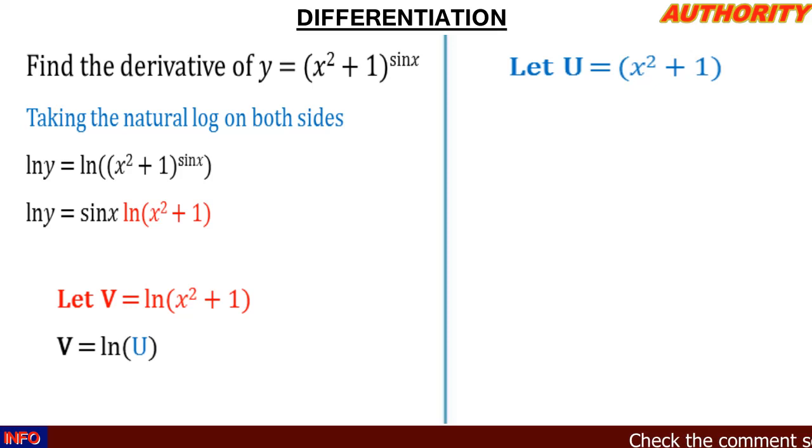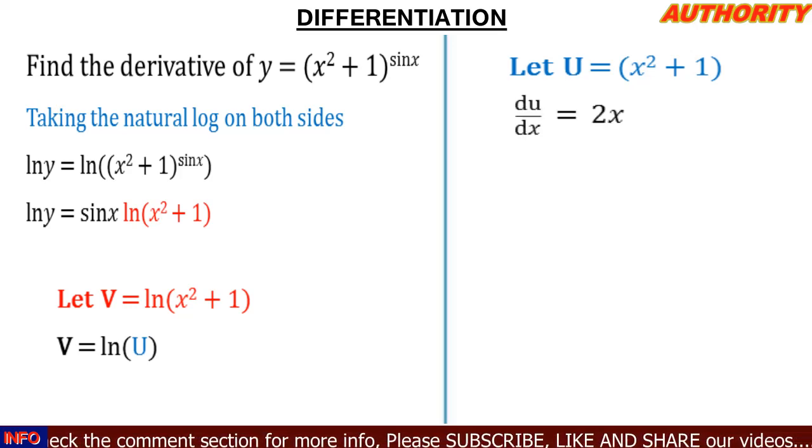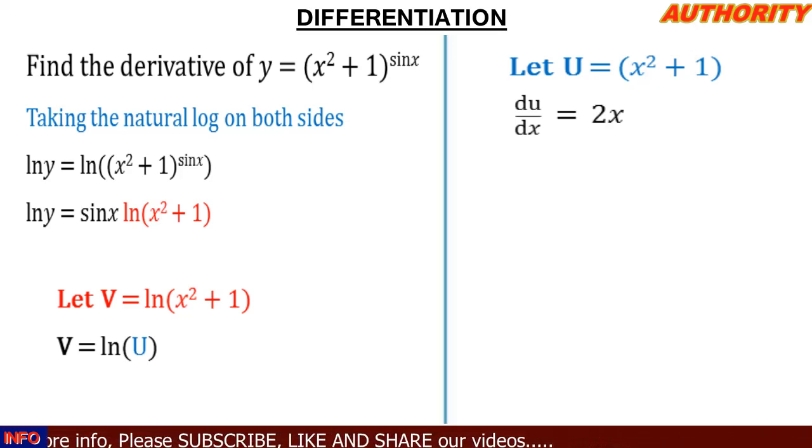Is that true? Yes. Now let's go to this function u. We say u is equal to x squared plus 1. Let's find the derivative of u with respect to x, so du dx is going to give us 2x. Then let's go back to our v. We have v is equal to ln u.